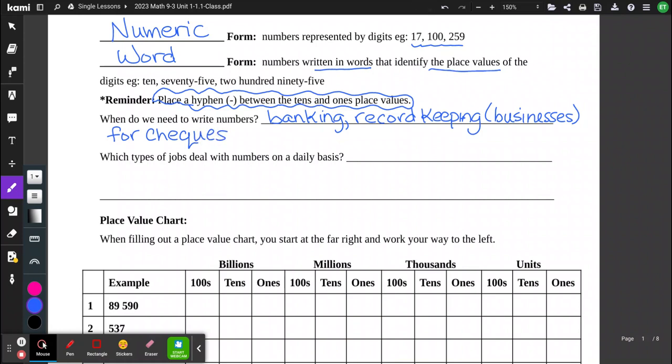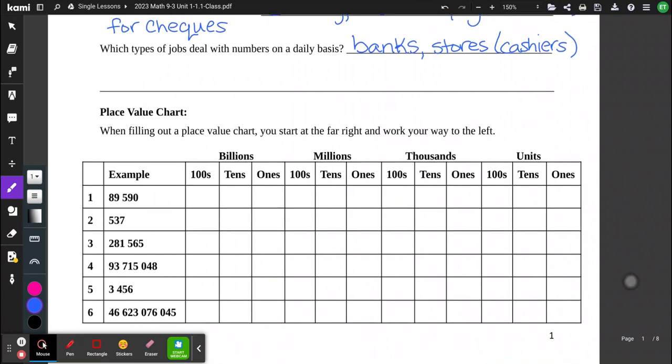So paychecks and writing out statements. It says, which types of jobs actually deal with money the most? Well, of course, banks and any stores, because of all their cashiers and the managers that have to do cash at the end of the night. They have to add up what they made for the day and subtract what they started with. So all of those types of people need to know place values of numbers and the digits.